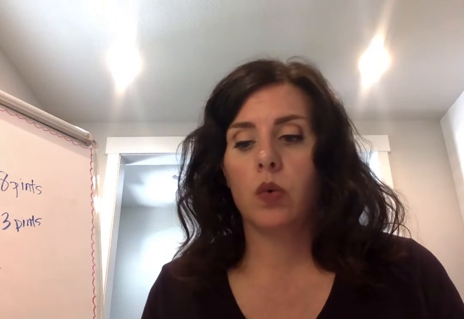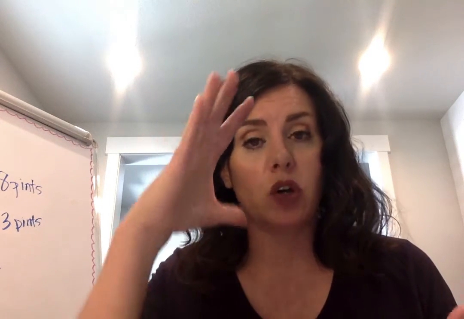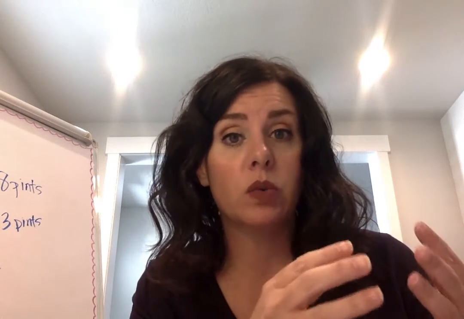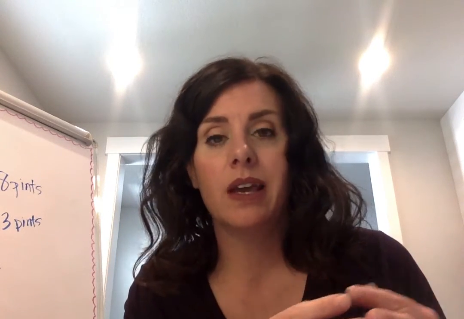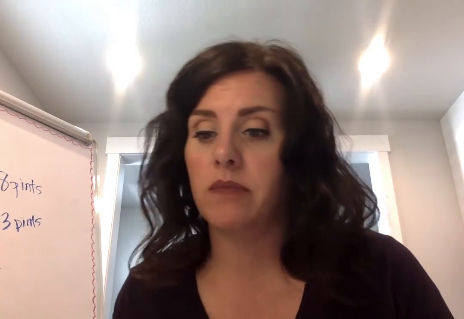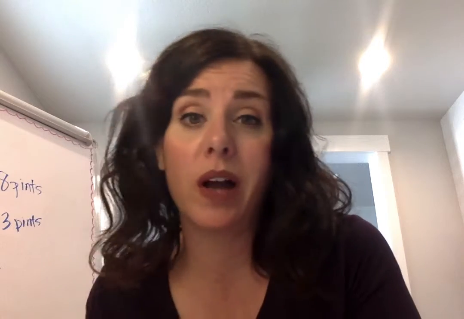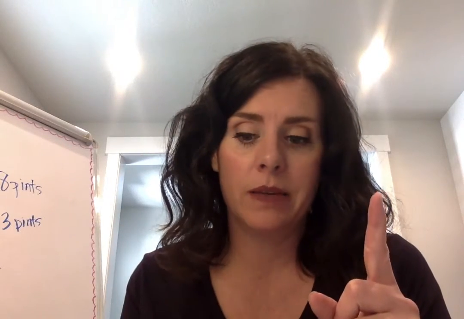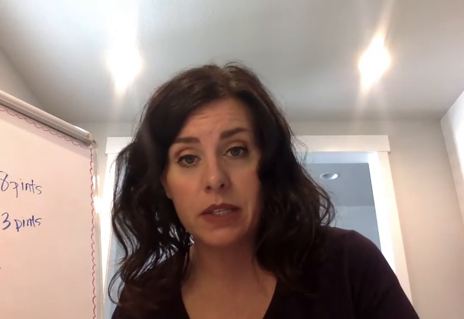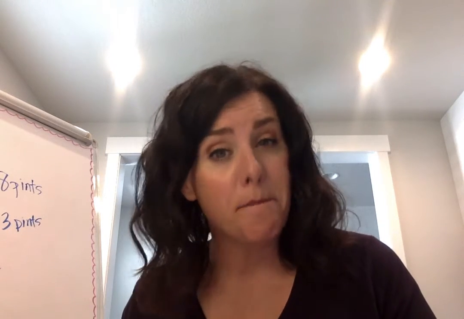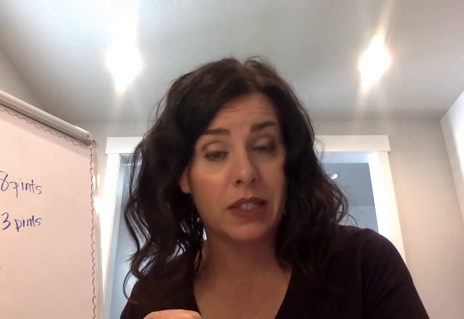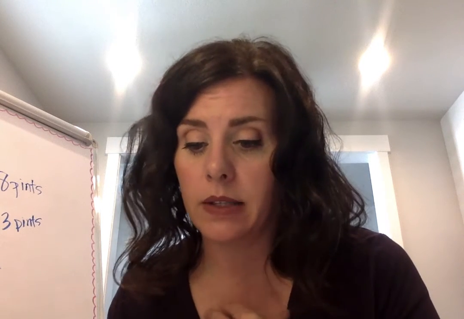If we're going in quarts, we would need less. Our number would be less than cups because there are more cups in pints. In fact, if you look up at the top, there's 4 cups in 1 pint. So if I'm converting from quarts to cups, then the number is going to get higher because there's more cups in pints.